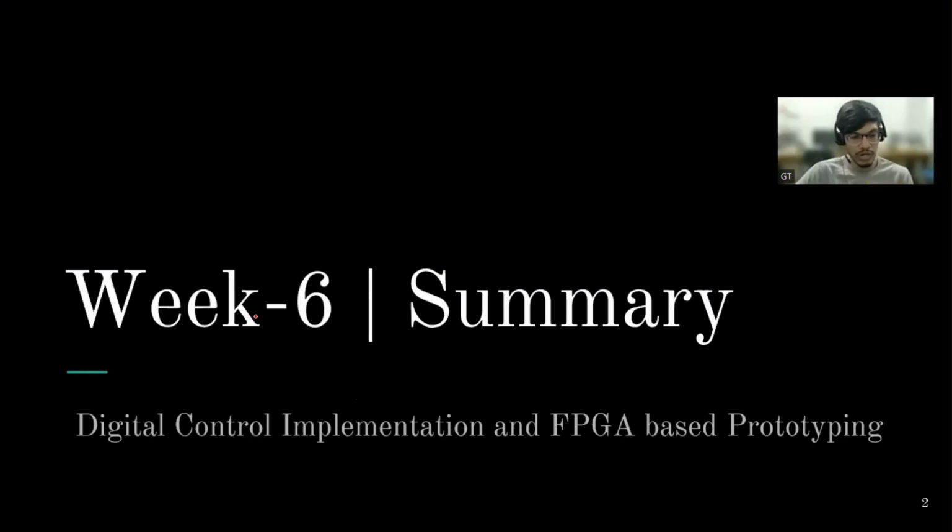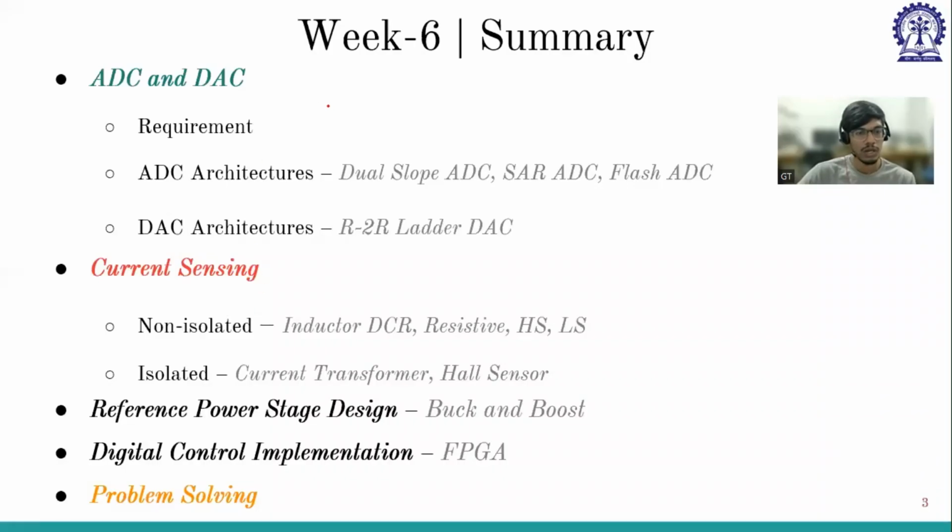Before we go into the week 7 outline, let me briefly summarize what we discussed in week 6, which is digital control implementation and FPGA-based prototyping. In week 6, we started with ADC and DAC.